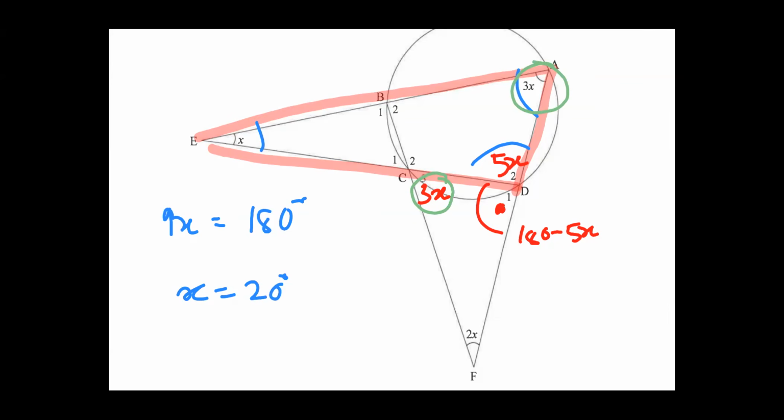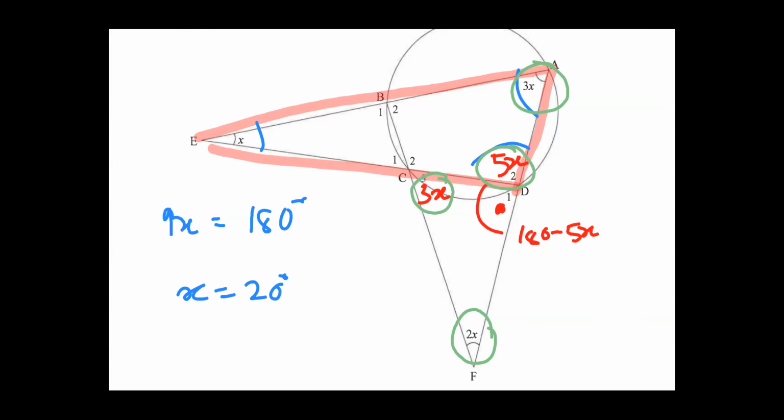We also know that F is 2x. So D, being the exterior angle of the triangle, is equal to 3x plus 2x, which is 5x.